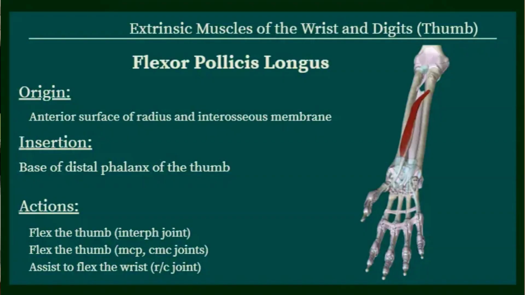It's really deep in there because it's attaching into the interosseous membrane, but you can barely feel it. So it flexes the thumb at the interphalangeal joint, at the metacarpophalangeal joint, and the carpometacarpal joint. So there and there, all three of those, and it helps to flex the wrist as well.